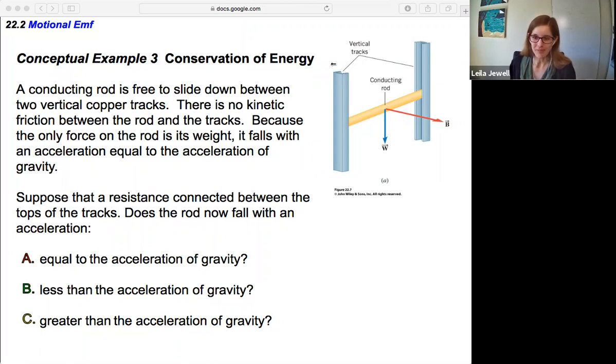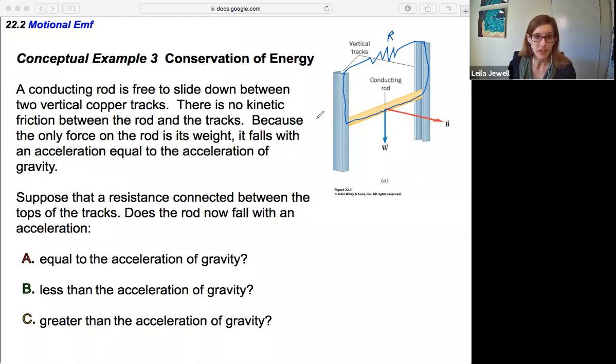Let's take a look. So if we wire this, where we add a resistor between the vertical tracks, notice now we have a complete loop, right, where the current can flow through that resistor.